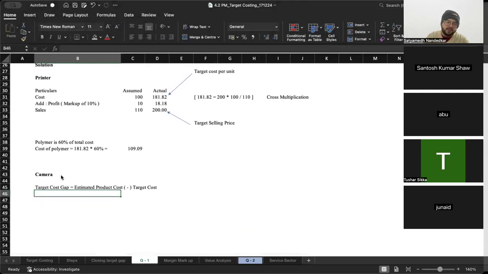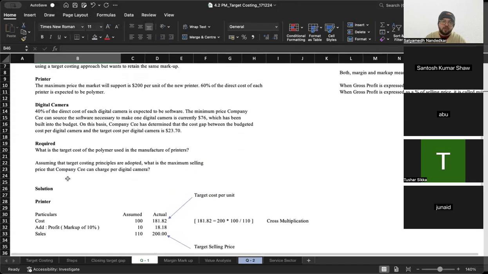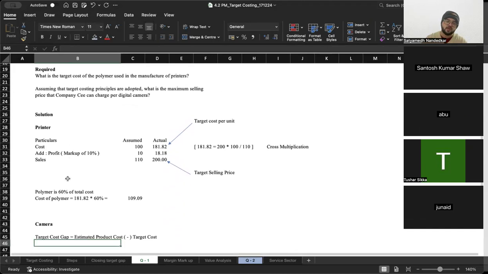Okay, now let's see this. 40% of the direct cost of each digital camera is expected to be software. The minimum price Company C can source the software necessary to make one digital camera is currently 76, and 40% of the direct cost is expected to be software.